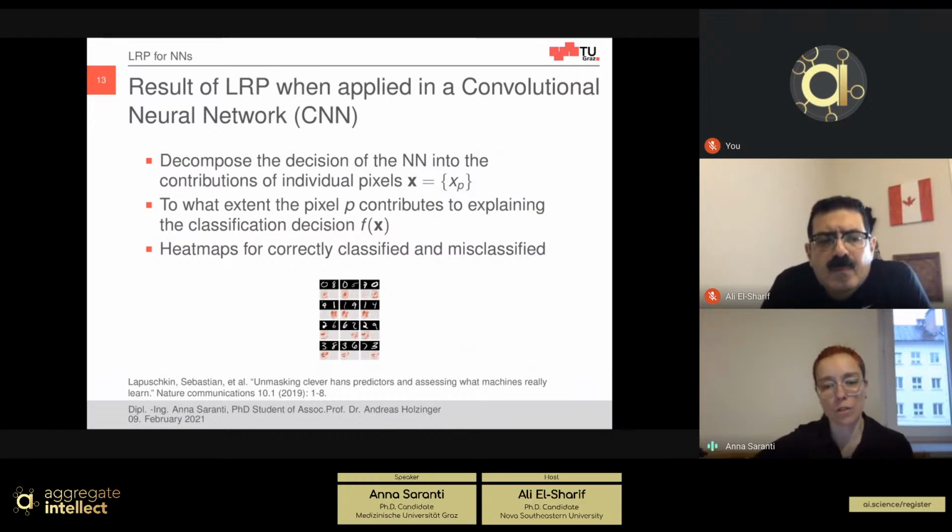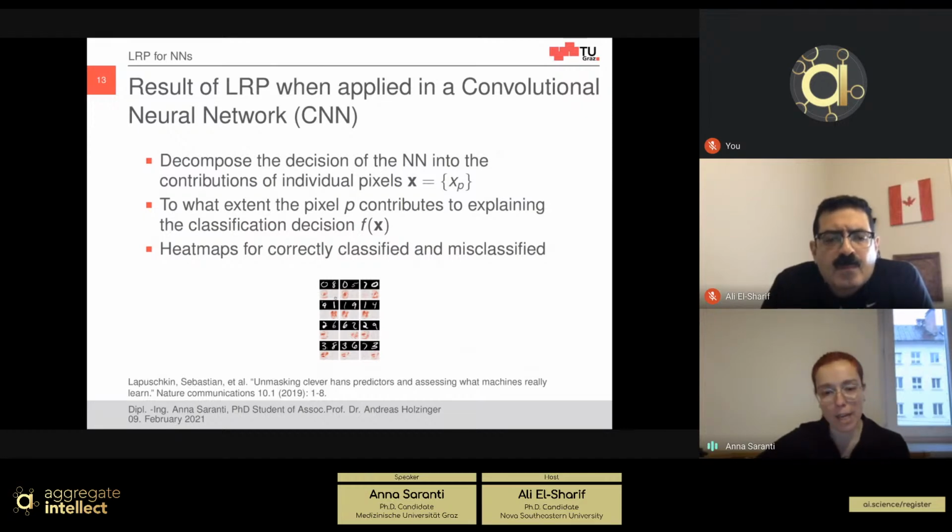We see that, for example, all inputs of the upper row should be classified as class 0. This is what was given to us as labels from our users. The second one would be 1, the third one would be 2, and so on. So the heat map of a correctly classified 0 as 0 shows that this part of the image, for example, the empty part in the middle, was one of the most important things for classifying this 0 as 0.